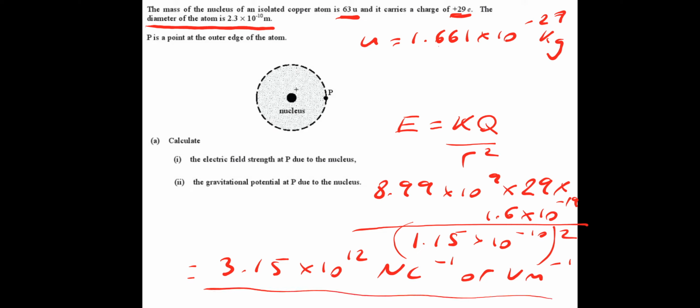Now, if you've already covered gravity, which you should have done, because typically you would do gravitation before electric fields, we can then calculate the gravitational potential at P due to the nucleus. So gravitational potential, this is good for revision, is minus GM over r.